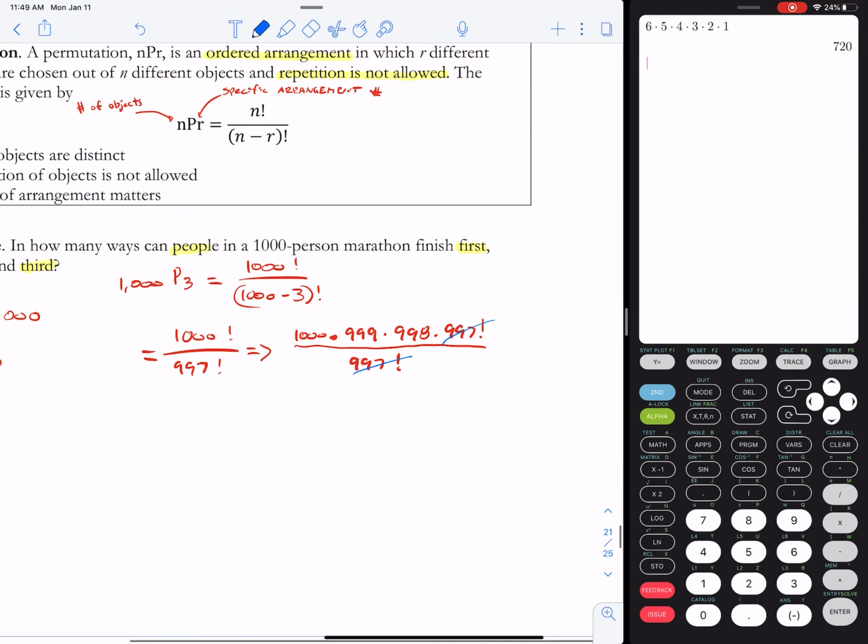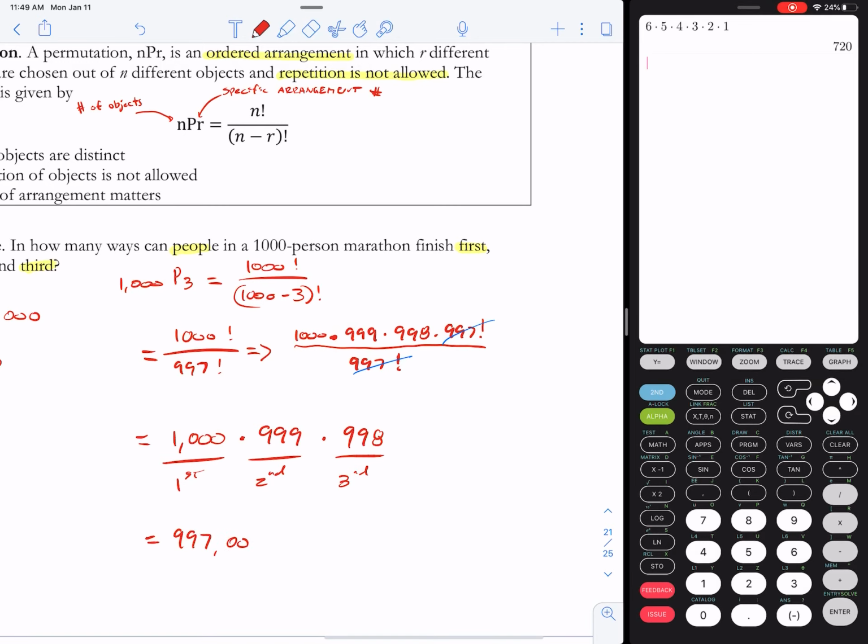What you would be left with is 1,000 times 999 times 998. And now look, there's only 3 options: first place, second place, third place. If you did that in your calculator, you would get 997,002,000.